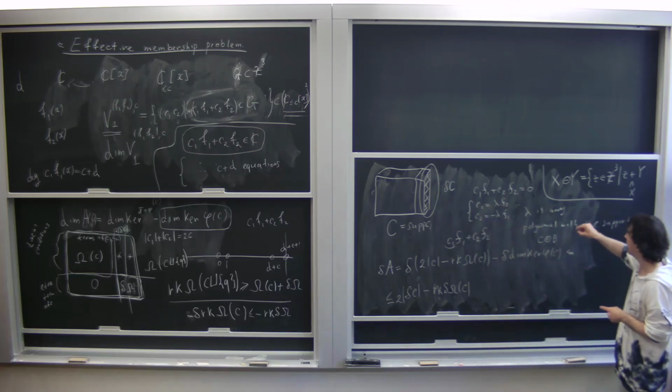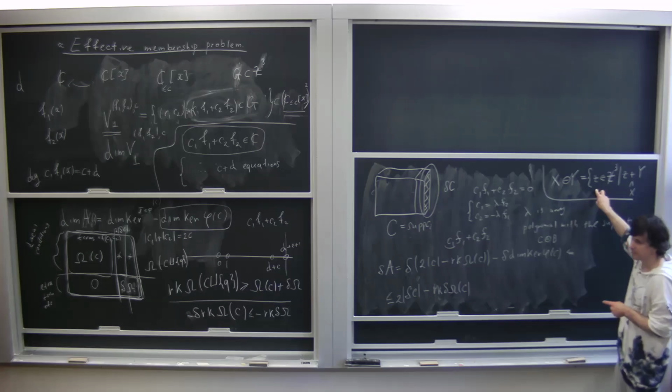And that's why lambda is any polynomial with the support lying inside of the so-called Pontryagin difference.